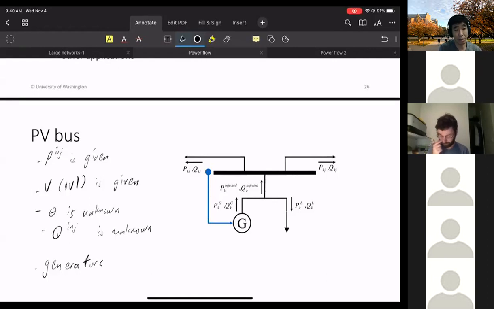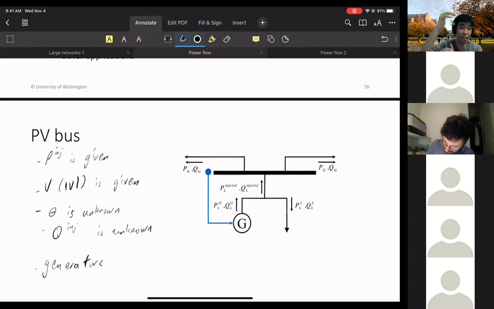And the thing to remember is, for example, when we look at a PV bus, we say the injection is given, the voltage magnitude is given. It's not like saying the reactive power doesn't matter. Every bus has some reactive upper and lower band. So reactive power not given doesn't mean it can be an arbitrary number.